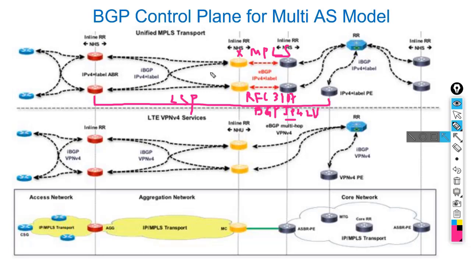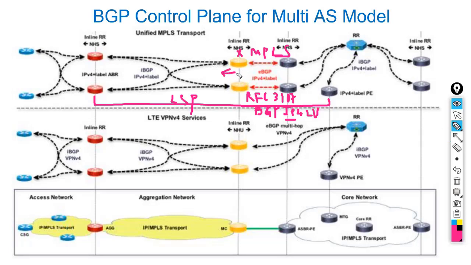Within each domain, we will also use BGP IPv4 label, because if we don't use IPv4 label, we have to redistribute the loopback address of the PE router in the core network into the metro core.